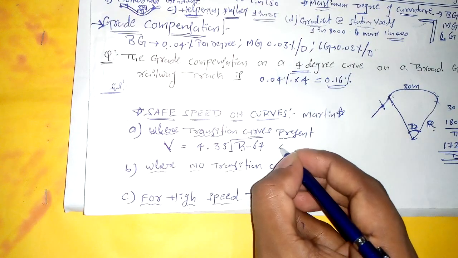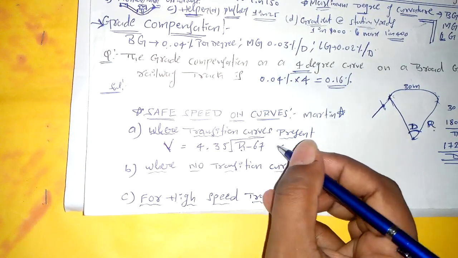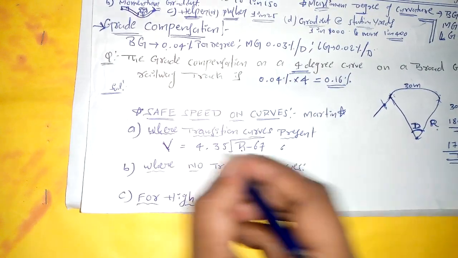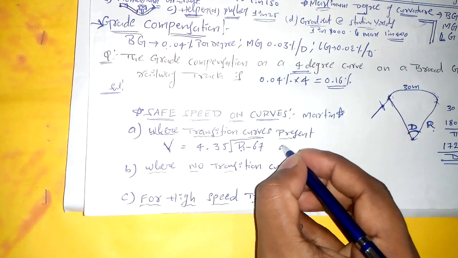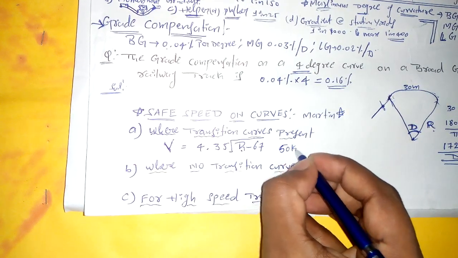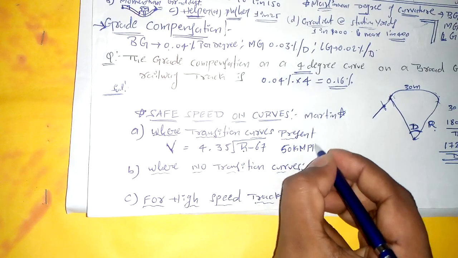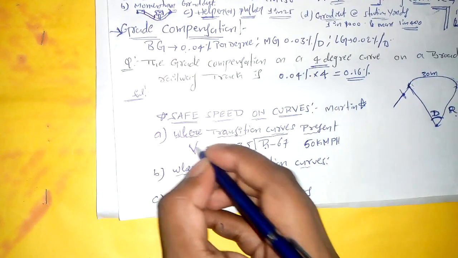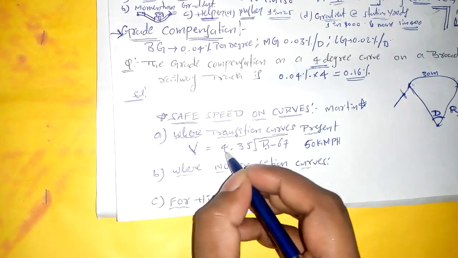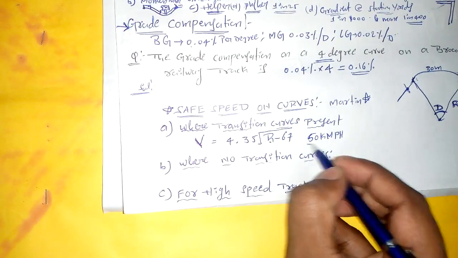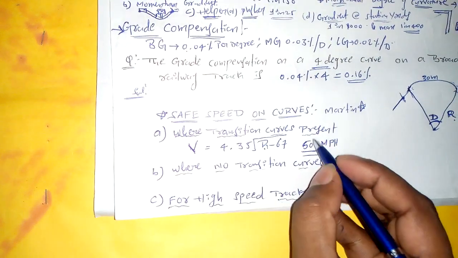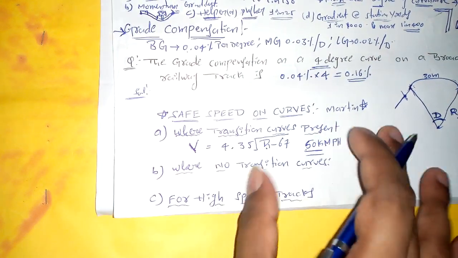The maximum speed taken with this formula is 50 kmph. So if the speed comes more than this value, it is restricted to 50 kmph.